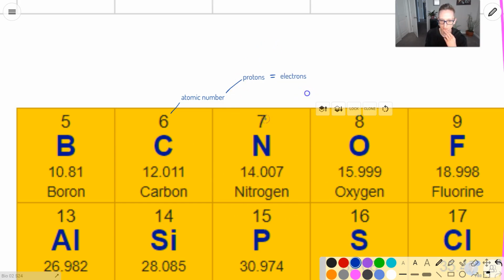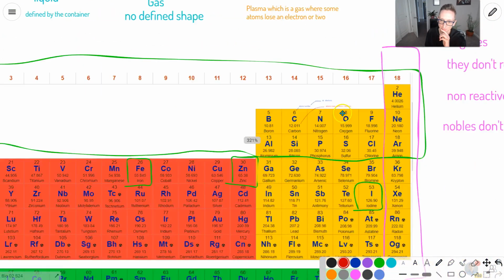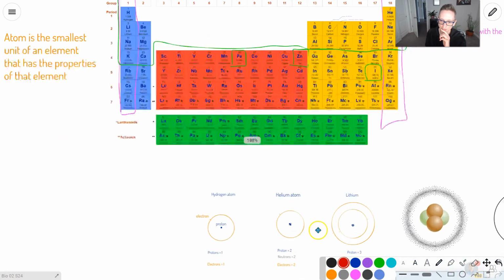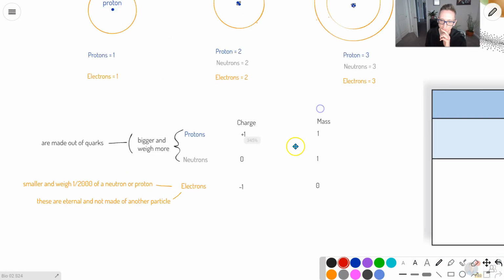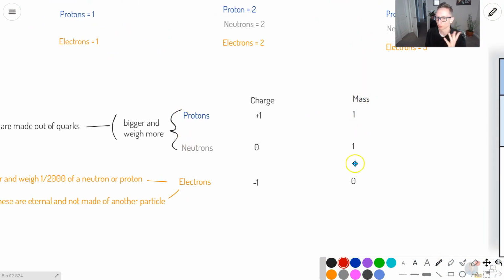This number down here, the atomic mass. Atomic mass is equal to the protons plus the neutrons. If you remember, that's the atomic mass, that's the atomic number. If we think of the mass, the protons and the neutrons really are what make up the mass, right?